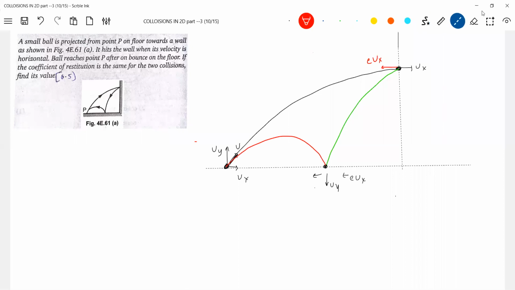When it rebounds, it was approaching the ground with a speed uy, so it should rebound with a speed euy. The horizontal component will not change. Any reason? Because the ground is smooth, no? Then finally it will land onto this particular point. So this is point A. Let me define it like this.